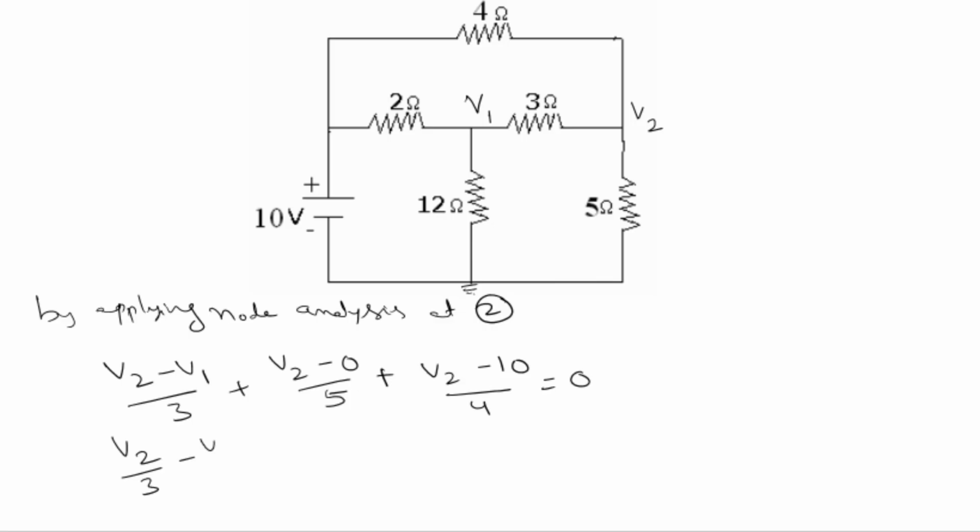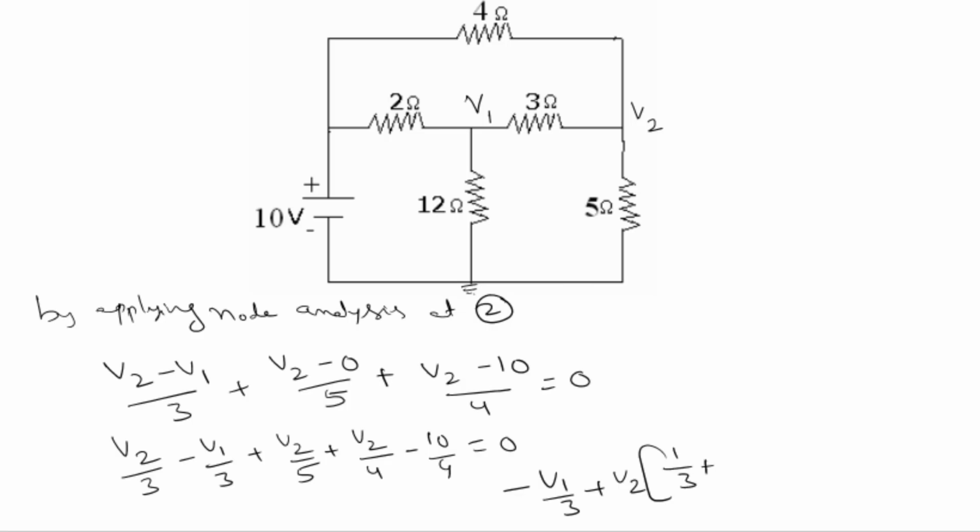Separating V1 and V2 terms: minus V1 by 3 plus V2 into 1 by 3 plus 1 by 5 plus 1 by 4 equals 10 by 4, which is equal to 2.5. This is equation number 2.